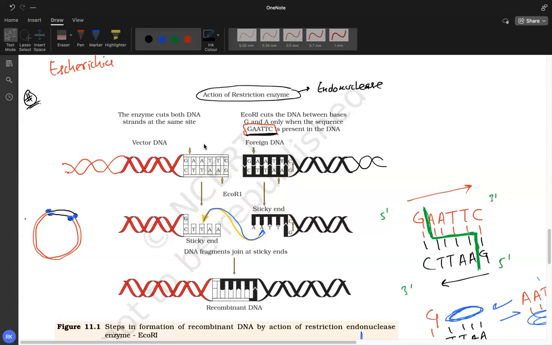Because once you cut the backbone, the ladder is cut. The helix is cut. Between the bases, it is hydrogen bonding, so you don't have to cut. You can just open it once the backbone is cut.